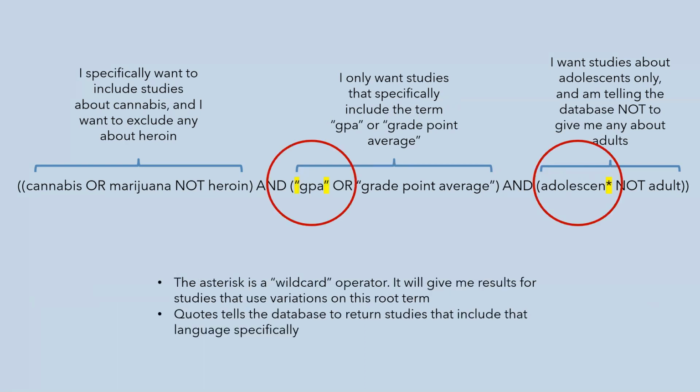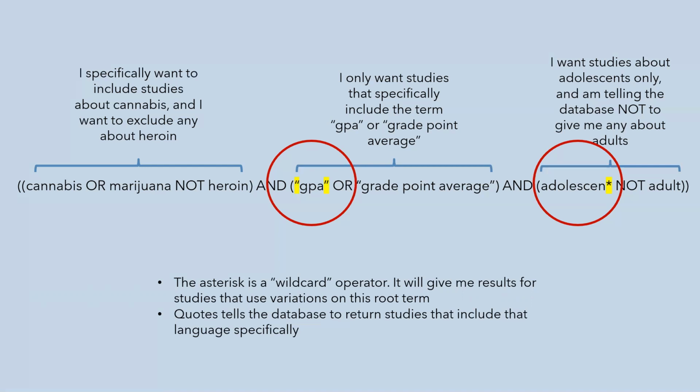And now I'll draw your attention to these two little tricks. The asterisk, which we used in the psychopathy search too, is a quote-unquote wildcard operator that gives search results for studies that are using variations on this root term. So in this case, we would be including both adolescents and adolescent without having to put each of the terms manually into the search bar ourselves and just clog it up.